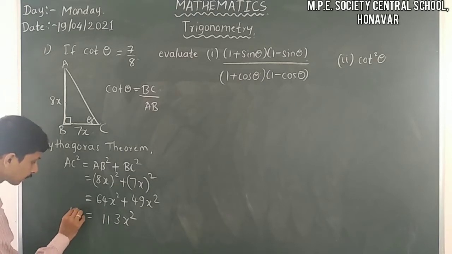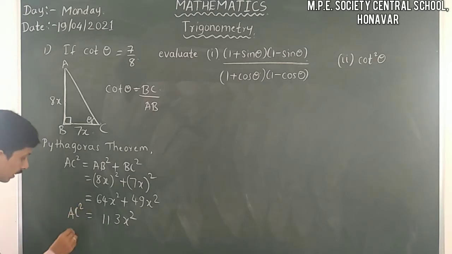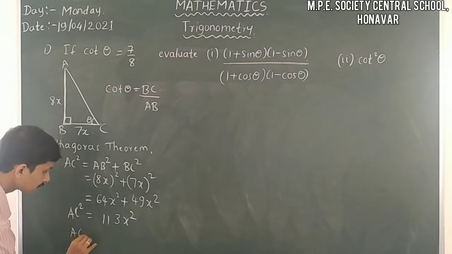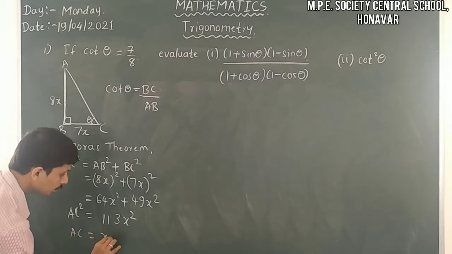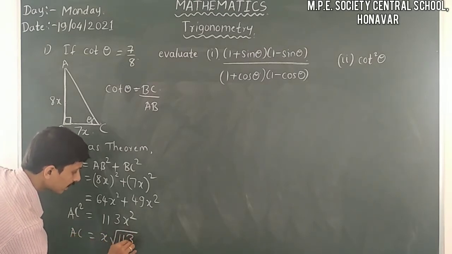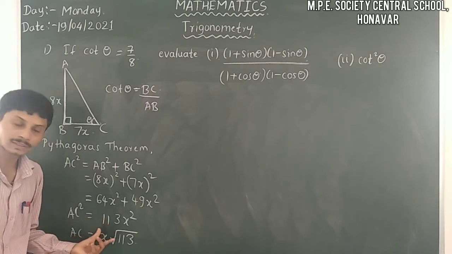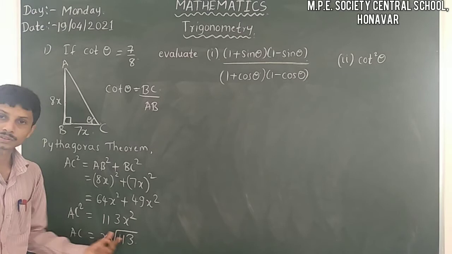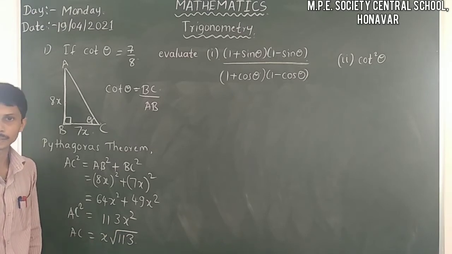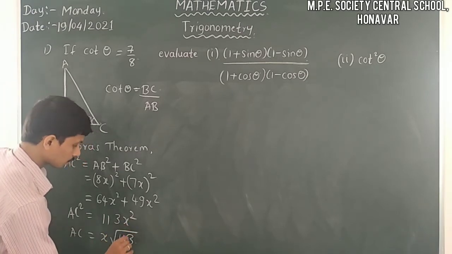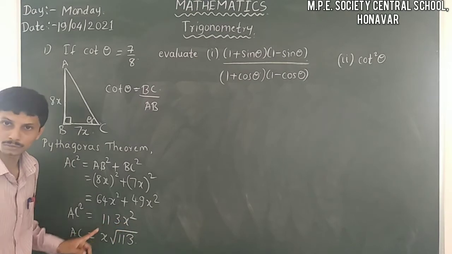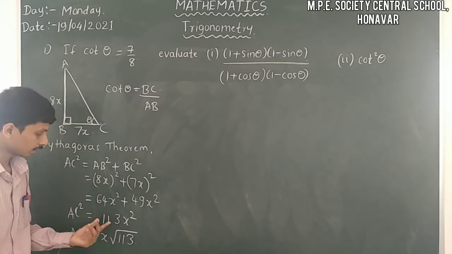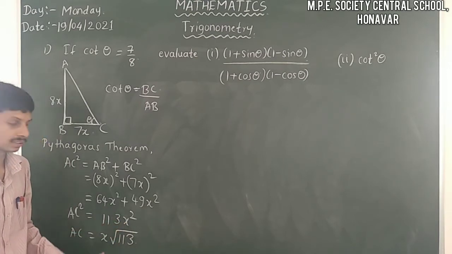It is AC square. So AC is equal to x into square root of 113. Square root of 113 remains as it is because it is not a perfect square, and from x square we can take x outside.